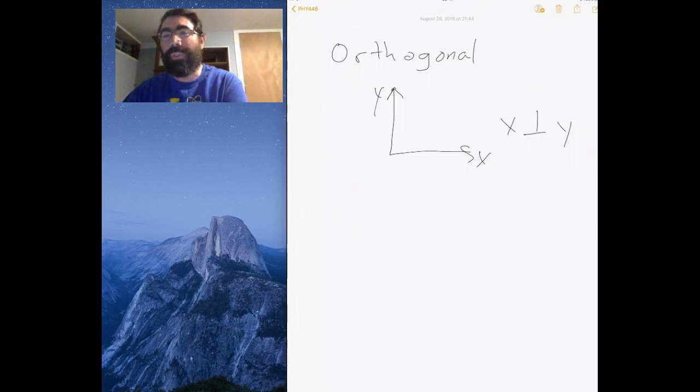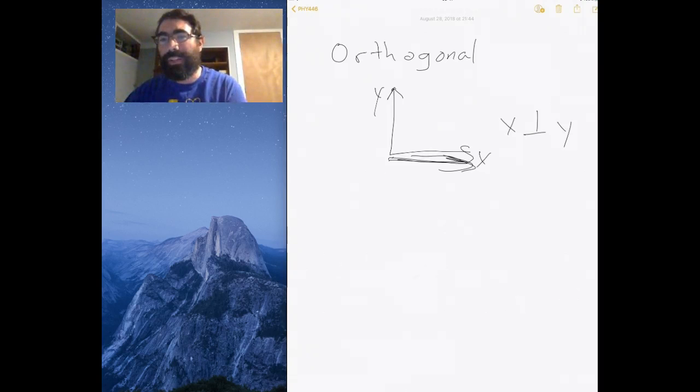orthogonal. What orthogonality means is that if we think of these now as vectors, a vector that lies along the x-axis has no component in the y direction.